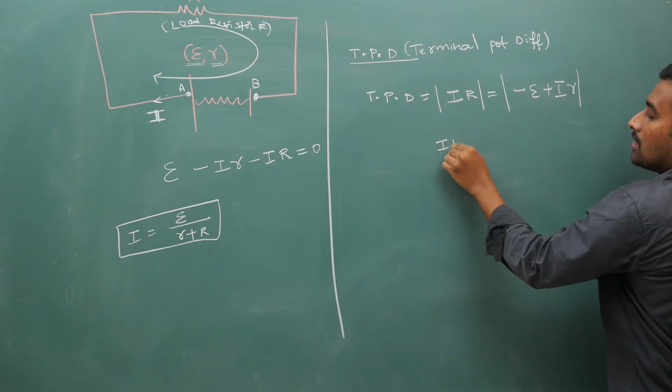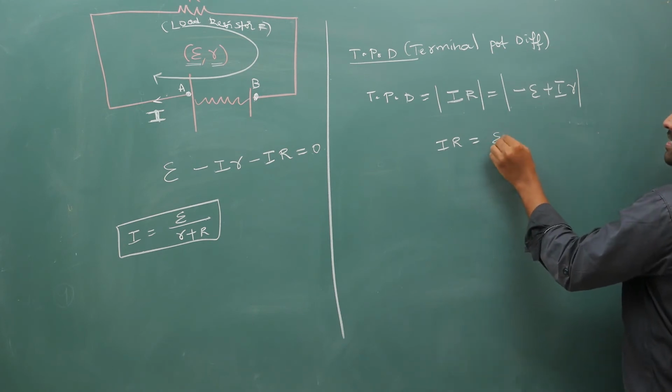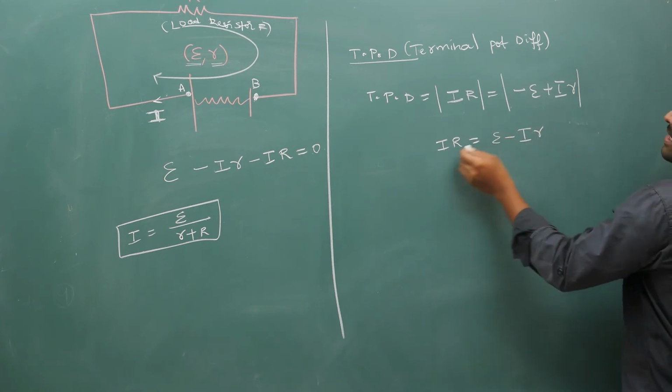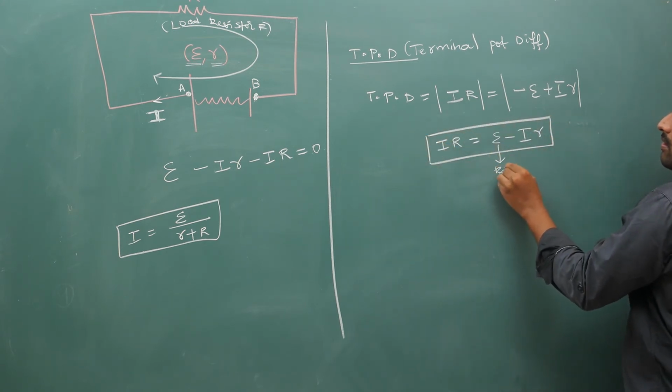So indirectly your terminal potential difference IR is equal to E minus Ir, depending upon whichever is big. Usually E is big.